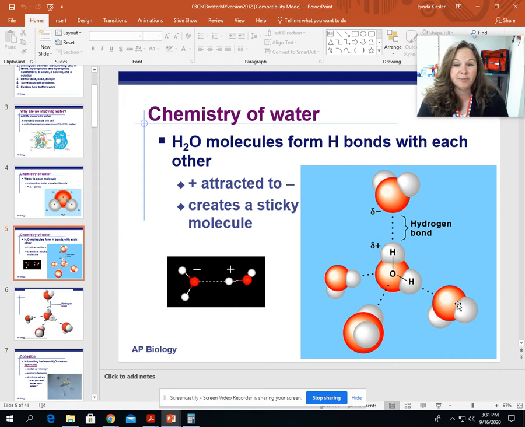Oxygen can be attracted to 2 neighboring hydrogens, and then a hydrogen attracted to a neighboring oxygen. So they hang out in little groups of 5, which makes them kind of sticky. Water likes to stick to other water molecules because of the hydrogen bonds.